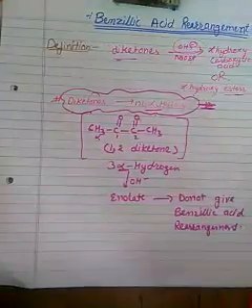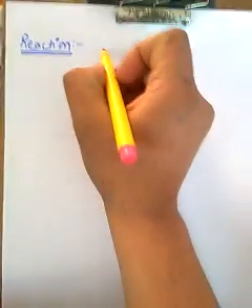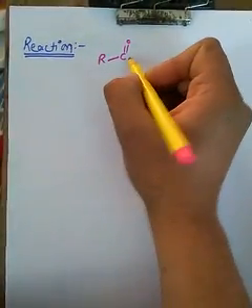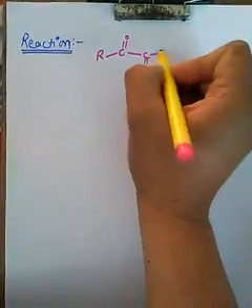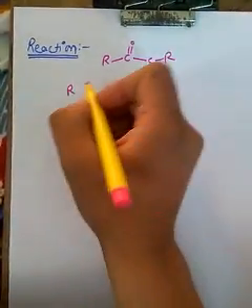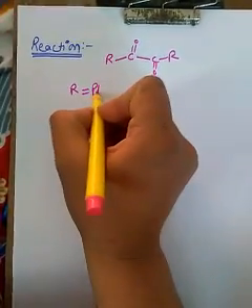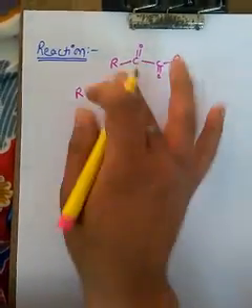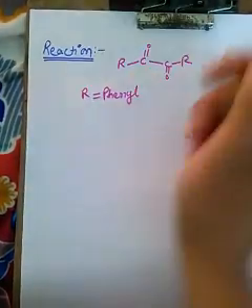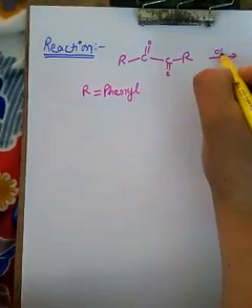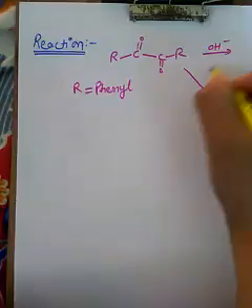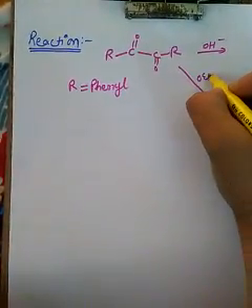Okay, next, moving on to the reaction. Here the diketone taken has no alpha hydrogen. I am taking a symmetric diketone, and the R group here has no alpha hydrogen, so the R group is phenyl. Both R groups are phenyl, so this diketone is symmetric and has no alpha hydrogen. In the presence of base, OH negative, or I will take both the bases, either sodium hydroxide or sodium ethoxide.